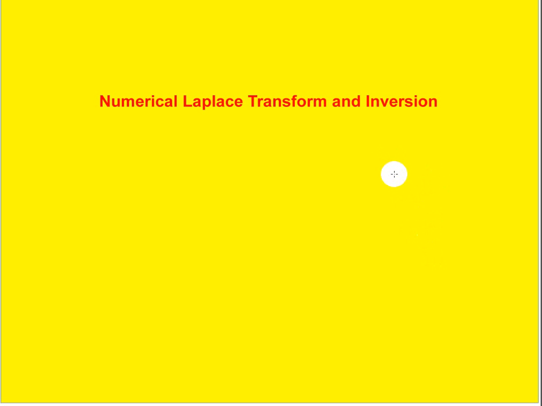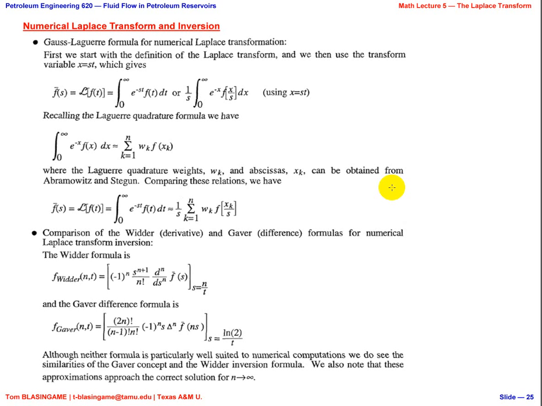Okay, I'll try to cover this, and I would like to introduce you to the SAFEST algorithm. The first thing that appears in the notes is the numerical Laplace transform and inversion.